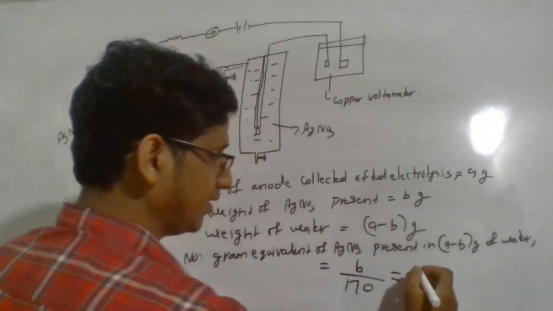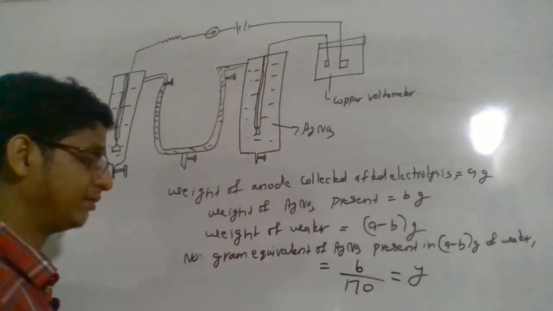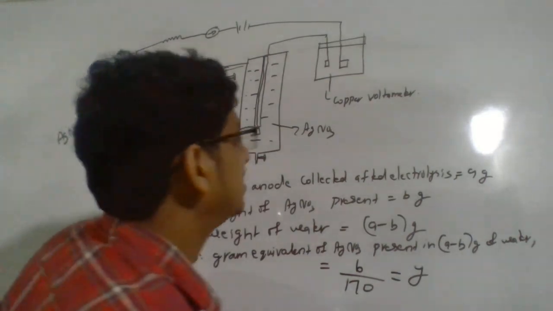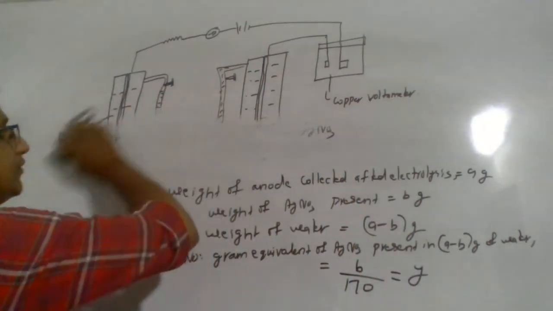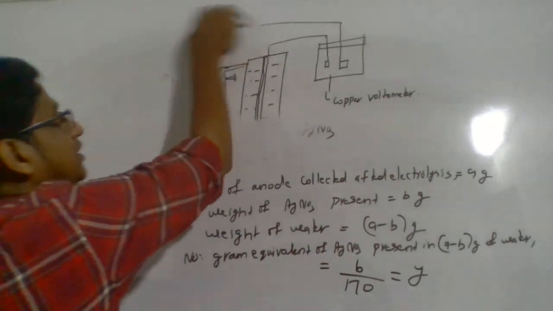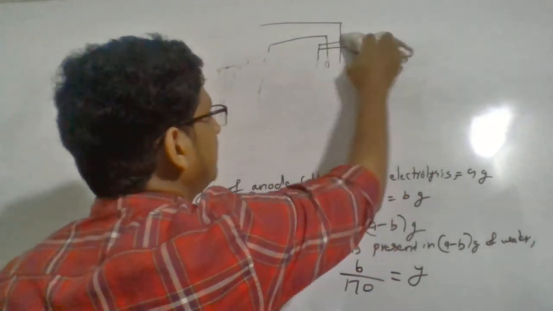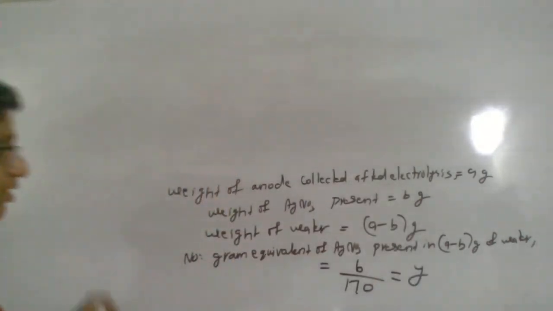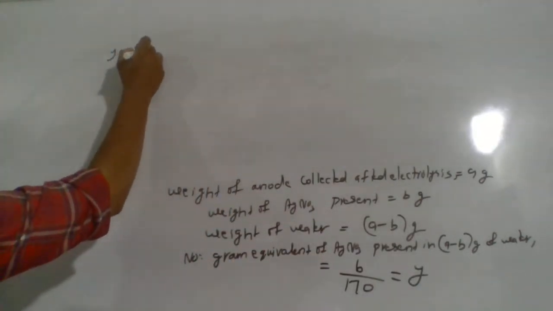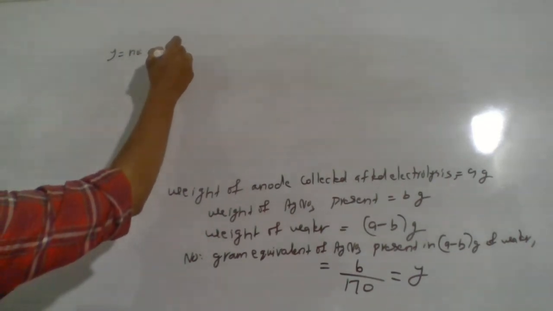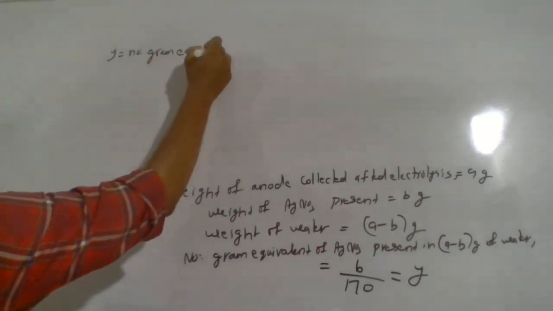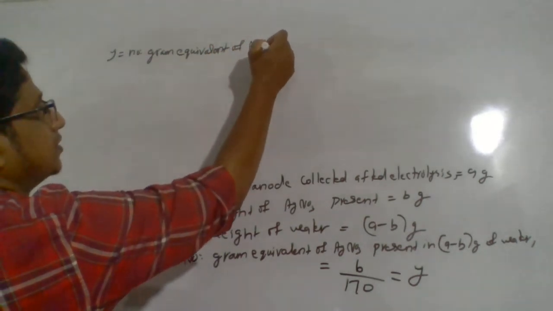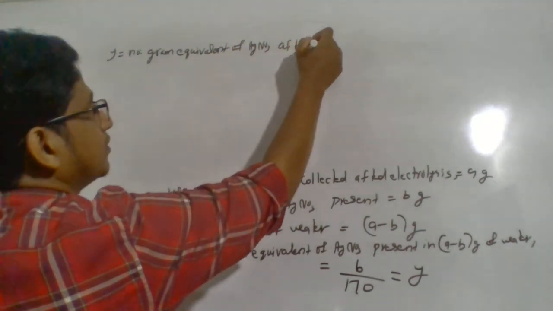Let it be Y. Y is the number of gram equivalents of silver nitrate after electrolysis.